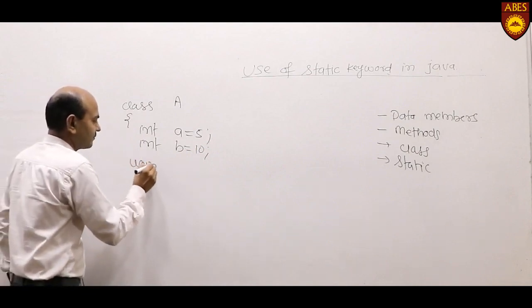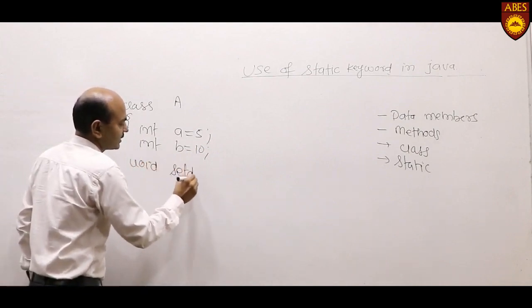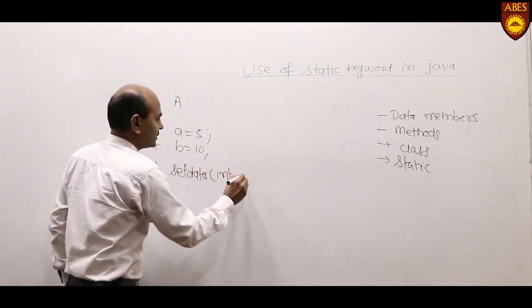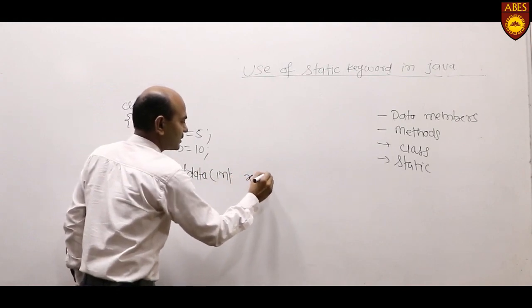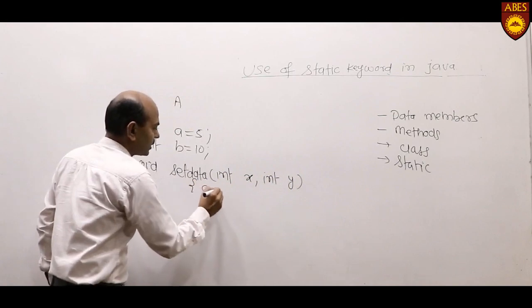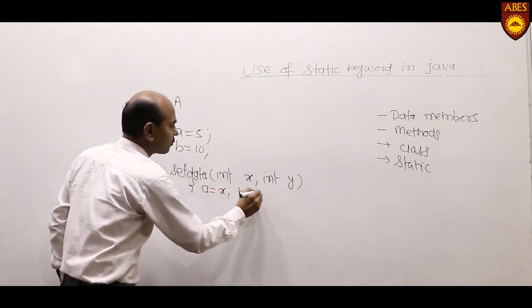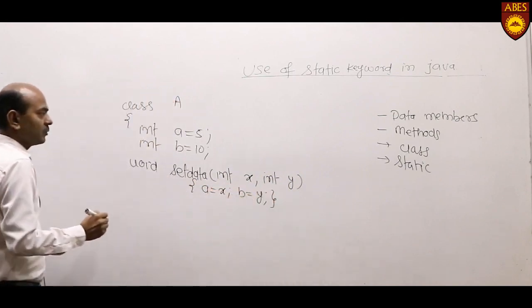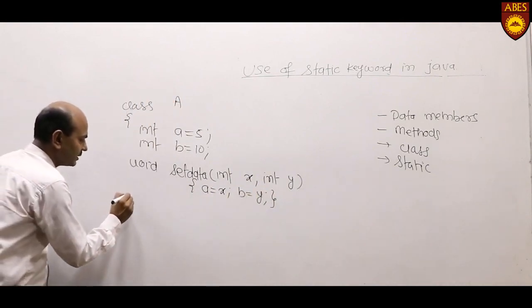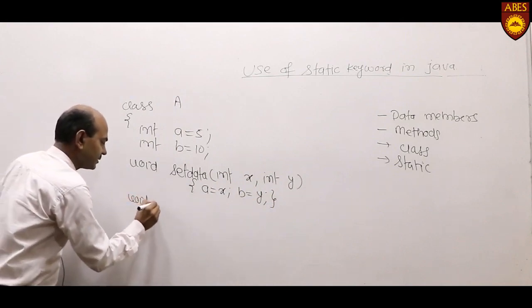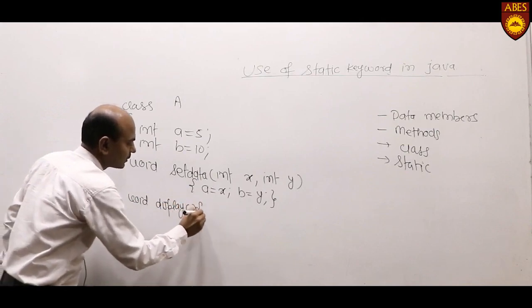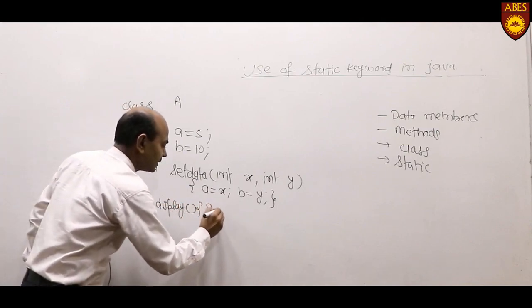For this we can have any method like a setData method or getData method which will change the value of these A and B. So A equal to X and B equal to Y. Now we will have one method to display the value of these A and B. So we can have a method display which will display the value of these A and B.